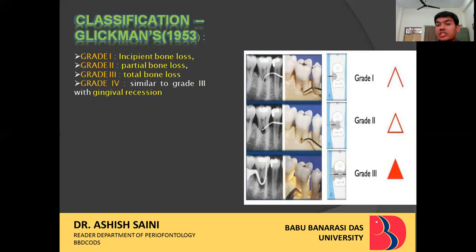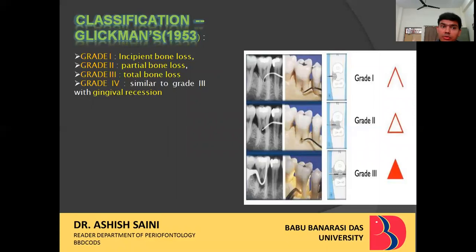Grade 1 is basically incipient bone loss, and it is usually not detectable in the X-ray. You will find only supra-bony pockets in this case. In grade 2 loss, the word that is used to describe it is cul-de-sac.